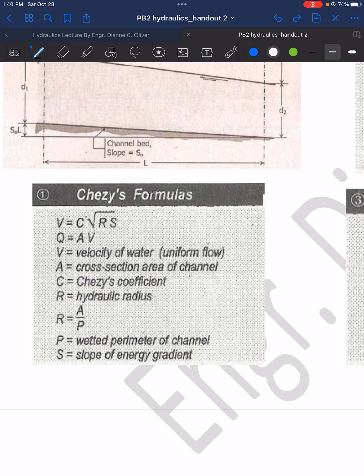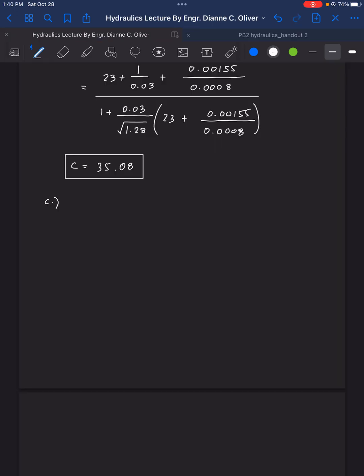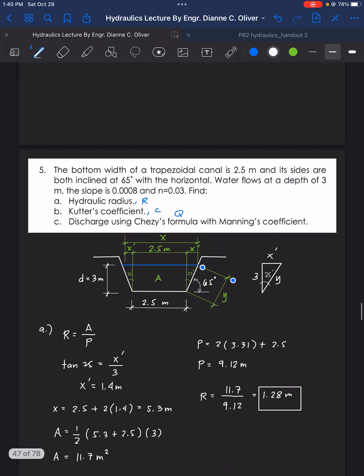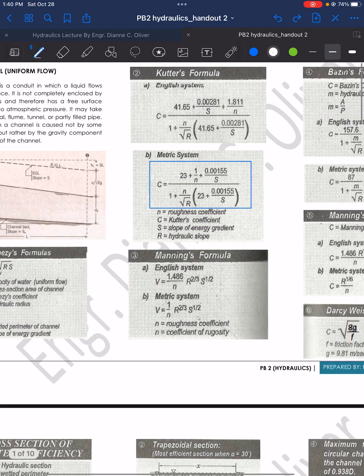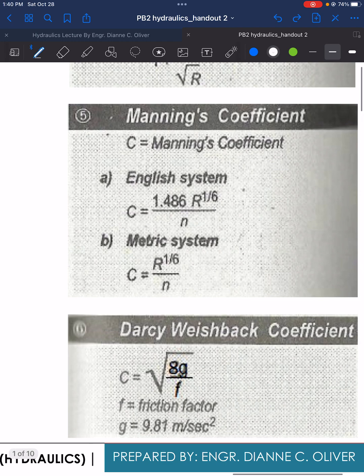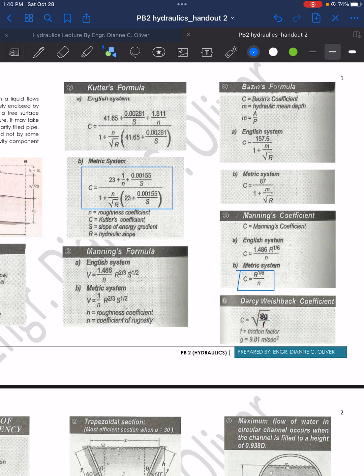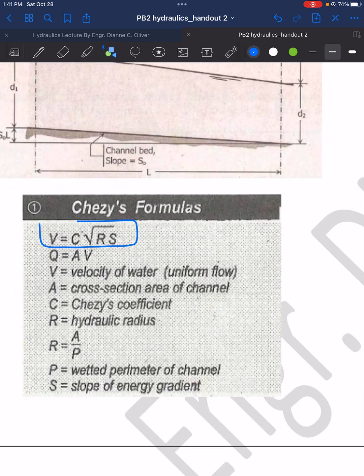Since the problem states that we will use Manning's coefficient C, and since we're using metric, we use the metric formula: C is equal to R raised to 1/6 over n. So we will use Manning's coefficient C here in Chezy's formula.